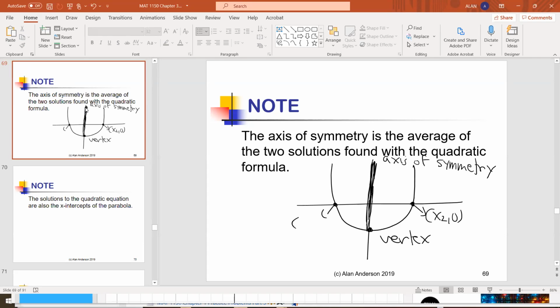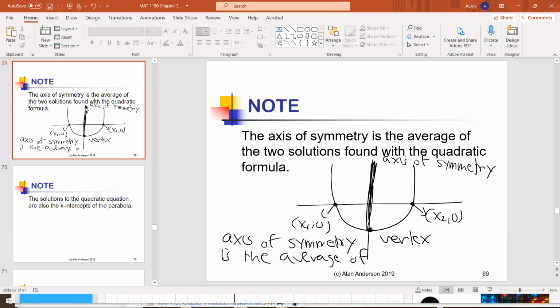And what they're saying is that the axis of symmetry is the average of x1 and x2. So in principle, you could calculate it if you wanted to by looking at the two solutions and averaging them out. Well, that's interesting. Okay, well, anyway, so that's just a fun side note.